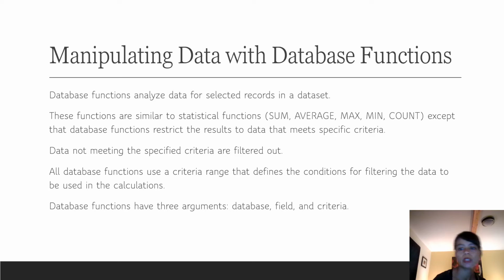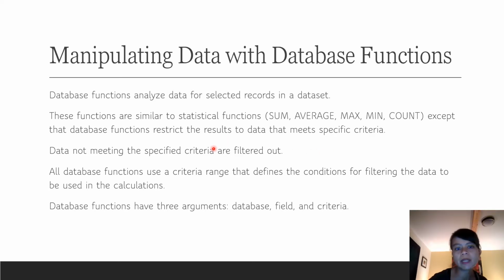Okay, so it's not going to look at all the data in your table. It might only look at the data related to the criteria that you have set. For example, it will only look at managers from New York. Okay, so data not meeting the specific criteria are filtered out. So if it's a sales rep from Texas, then it will not be considered in this function.